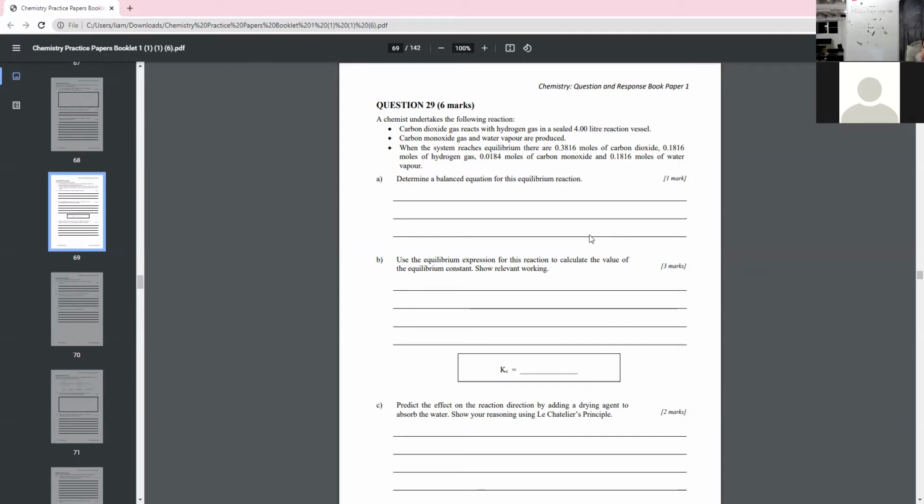One more minute. So if anyone wants to put in chat, how do we write the initial equilibrium expression?